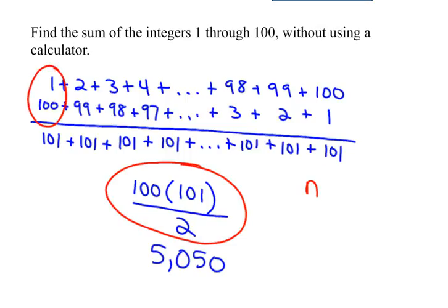Well, the first term of a sequence is u sub 1. The last term of the sequence, or the terms that we're adding together, would be u sub n. And then, of course, we divided that by 2.